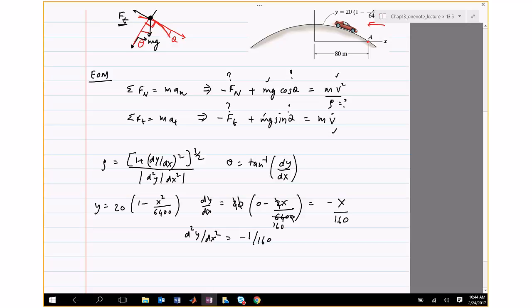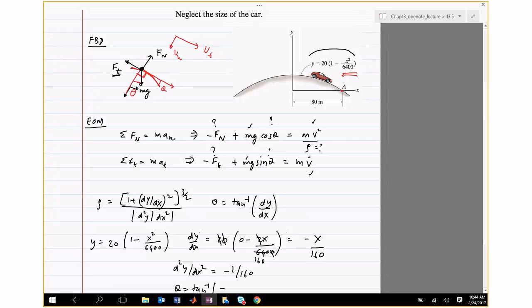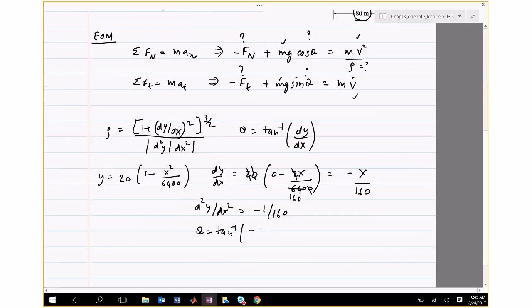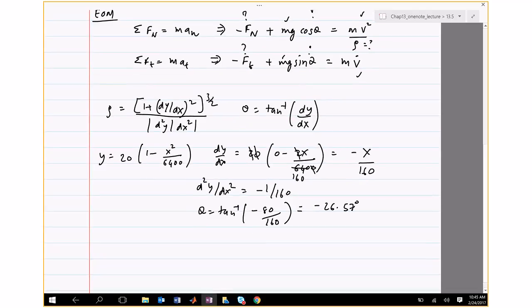Okay, so theta is tan inverse of dy/dx, so that's minus x. I need to find x, and I'm given that x is 80, the x coordinate of A is 80. So this is going to be minus 80 divided by 160, and that comes out to be 26.57 degrees. So then you can find sine theta and cos theta.